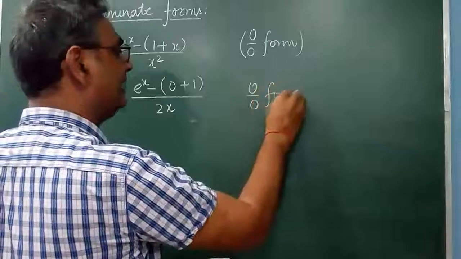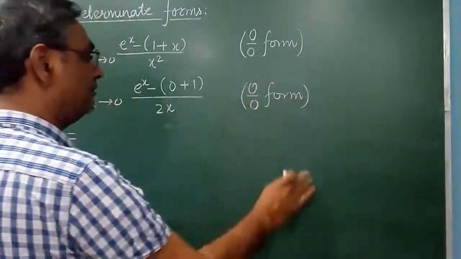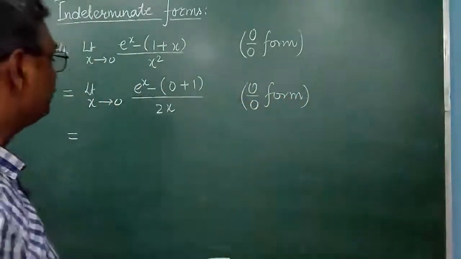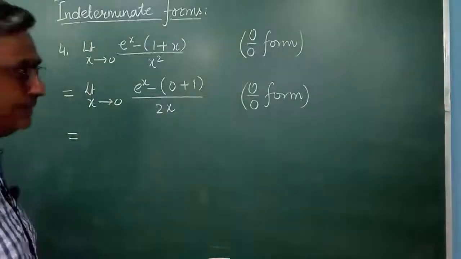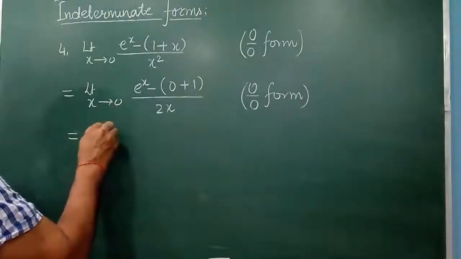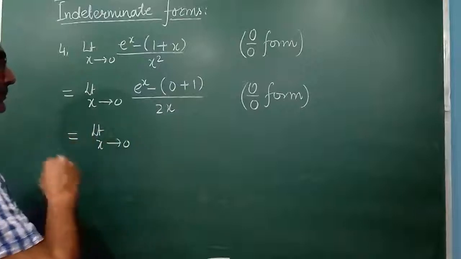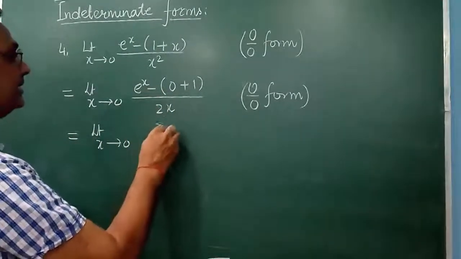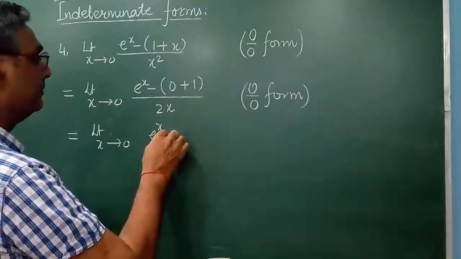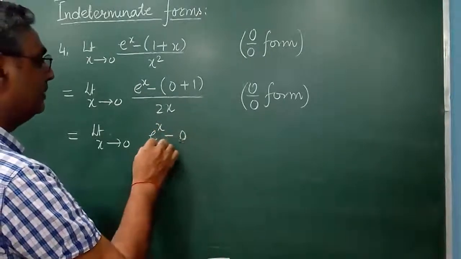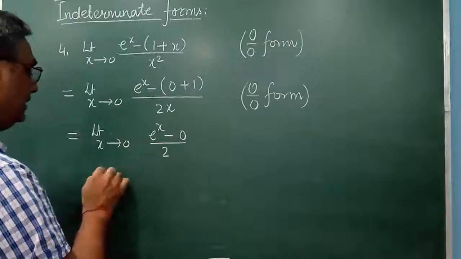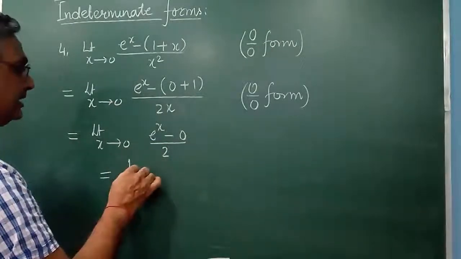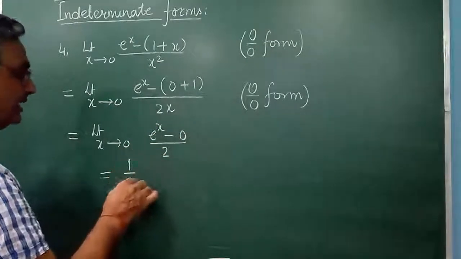Until the time we are getting 0 by 0 form, we will keep differentiating it to remove the indeterminate form. So again we will write limit x tending to 0, e to power x upon 2, and if I put the limit here, e to power 0 is 1, so 1 by 2.